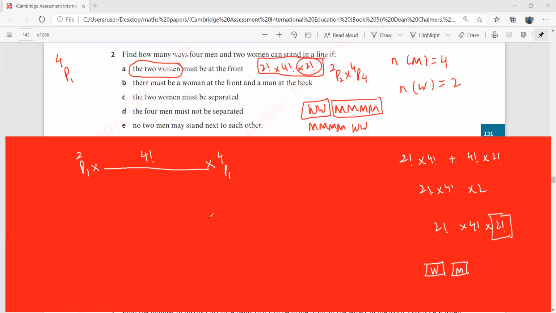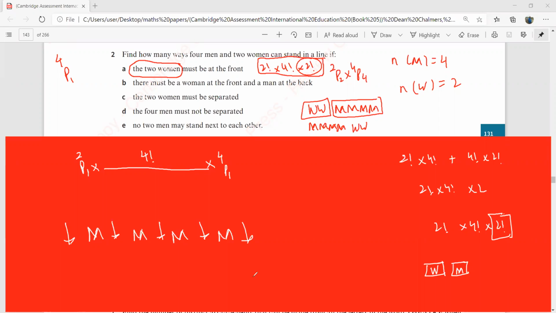Okay, beta. Now it says the two women must be separated. There are many ways of doing it, but I will give you the smartest way of doing that. See, there are four men, so split them like this. Now these arrows are the spaces.